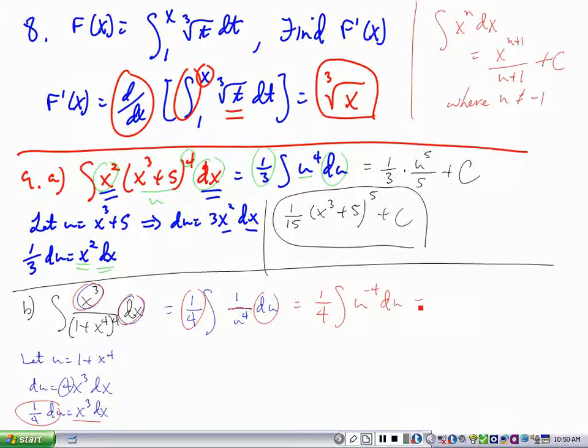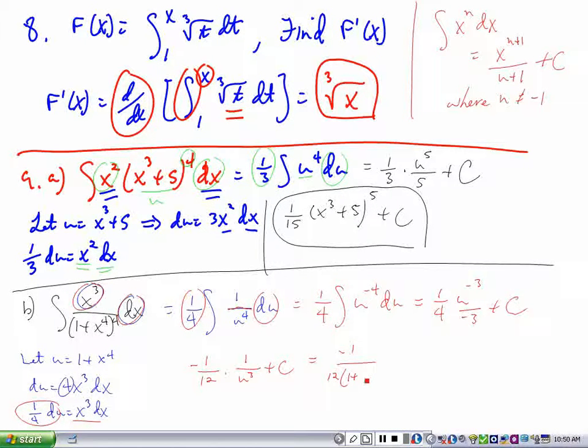So anyway, integrate here. The 1/4 times u to the negative 4 plus 1, that's -3, all over -3, plus some constant. So we get -1/12 times 1 over u to the 3rd plus c. That's just -1 all over 12 times u.